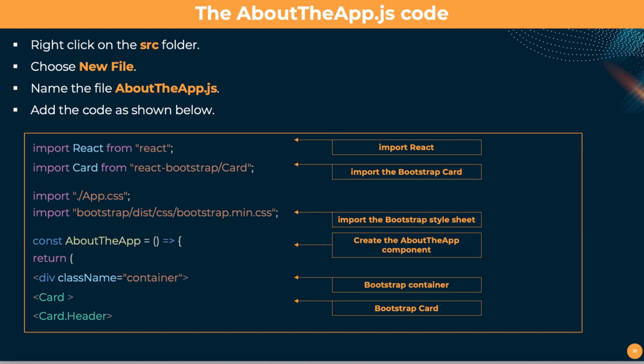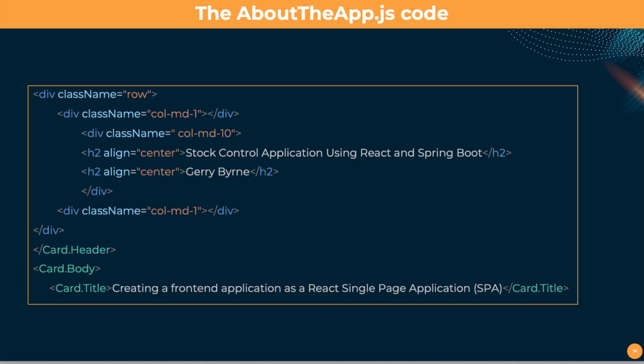We're then going to have a container, and the container is going to have a card and a card header. Then we're going to have a row, and inside the row we're going to have an H2 that says stock control application using React and Spring Boot, and then another H2, and then we're going to end the header.